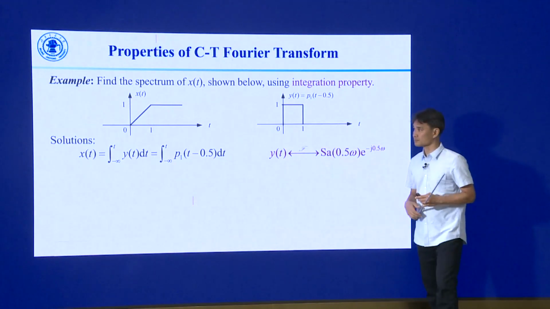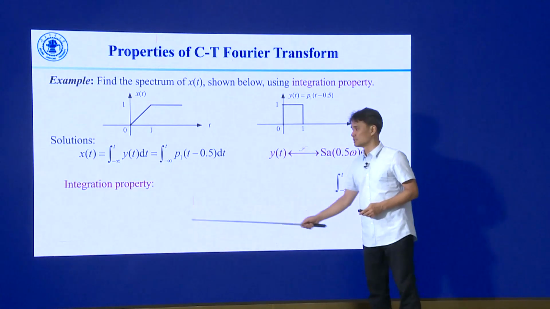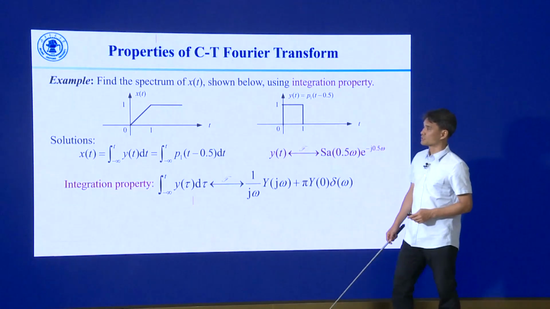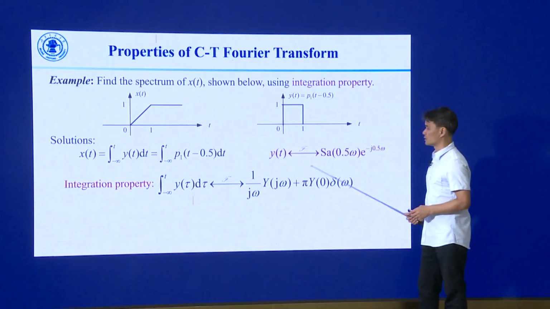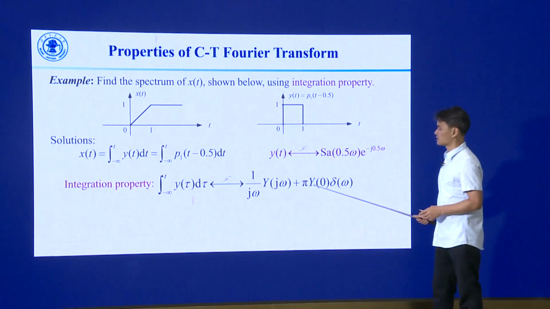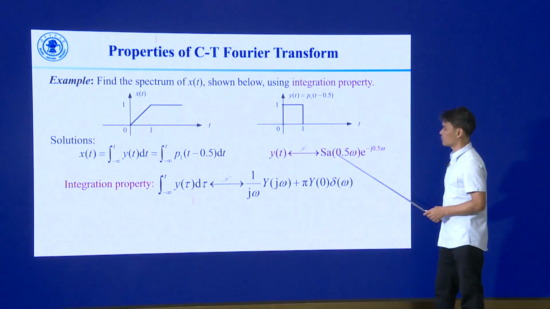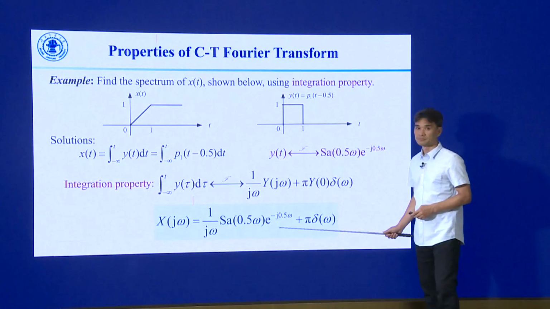Based on the integration property, the spectrum of this signal will be equal to the spectrum divided by j omega, plus the spectrum at 0 times the delta of omega. So here is the result.